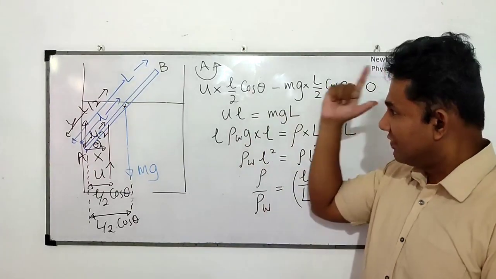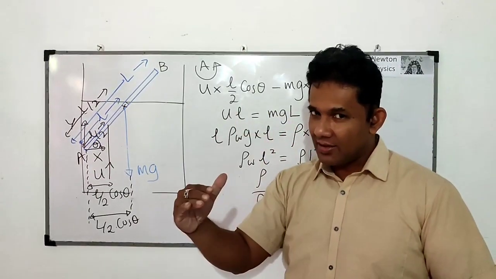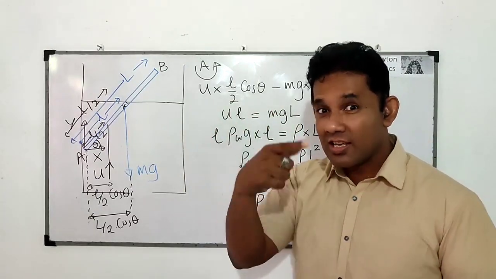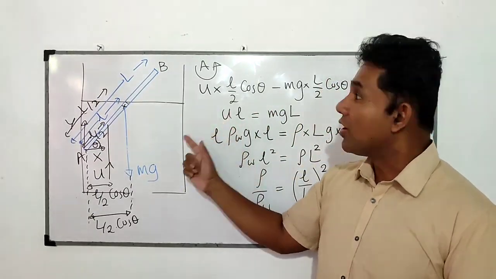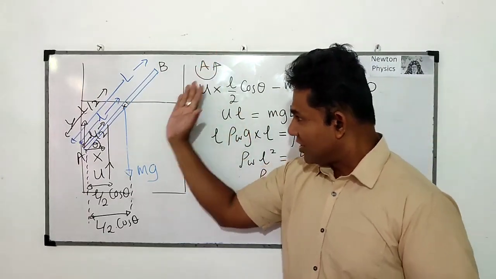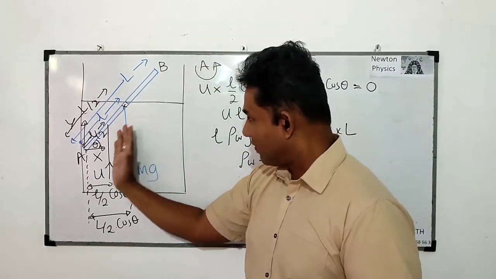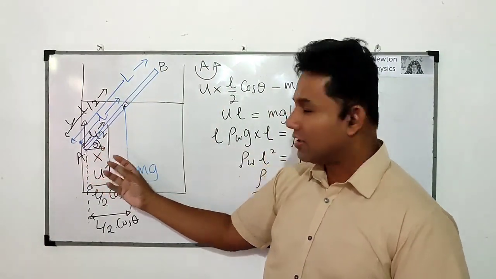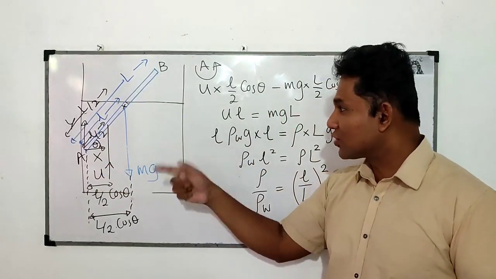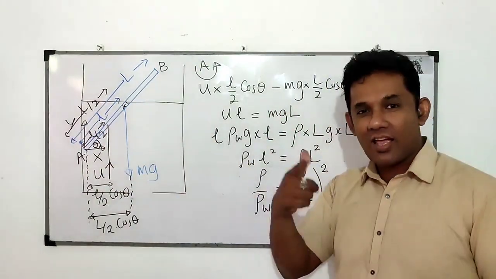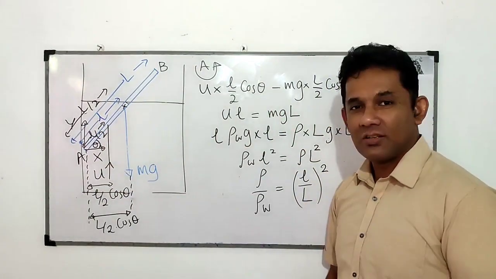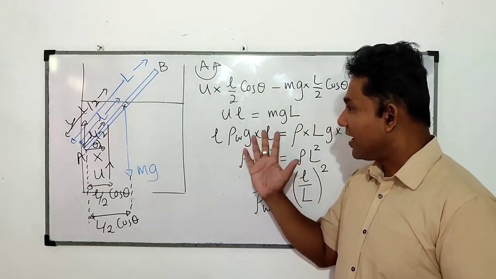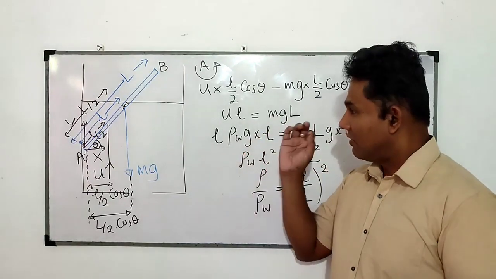Don't forget, if the object floats freely, then the fraction of the immersed part in water gives the relative density, but in such a situation when this object floats with the support of the vertical wall of the container, you have to take the square of the fraction and you will have the relative density of the substance. And this becomes a perfect method to find the relative density very easily.